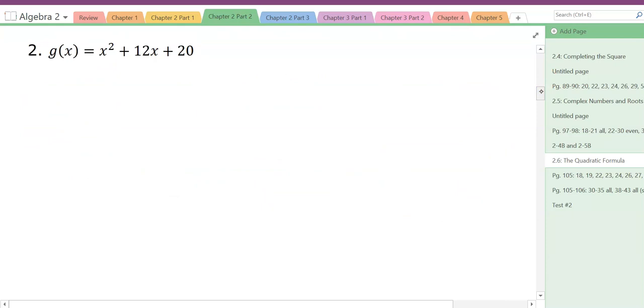So x squared plus 12x plus 20. Can you guys tell me what's A, B, and C? What number is your A? 1. B is 12, and C is 20.